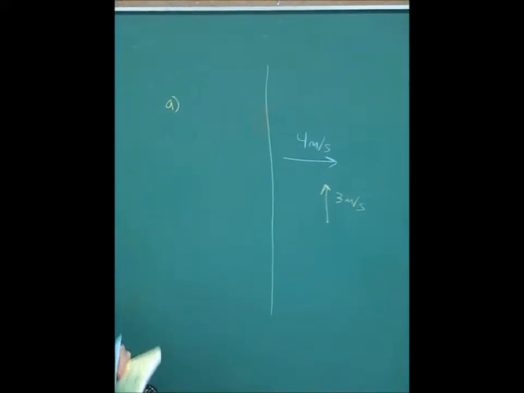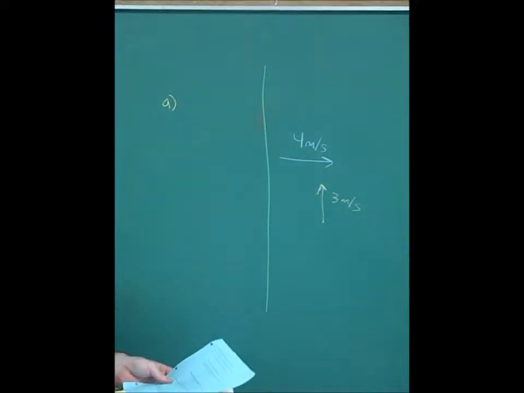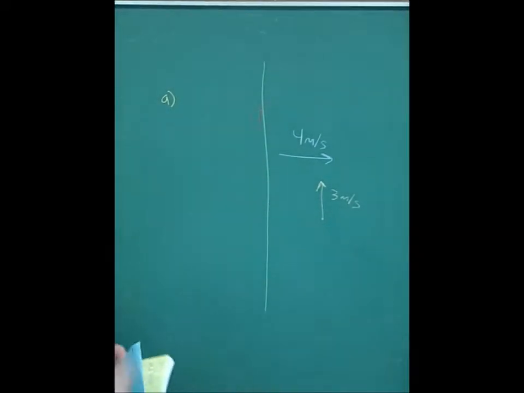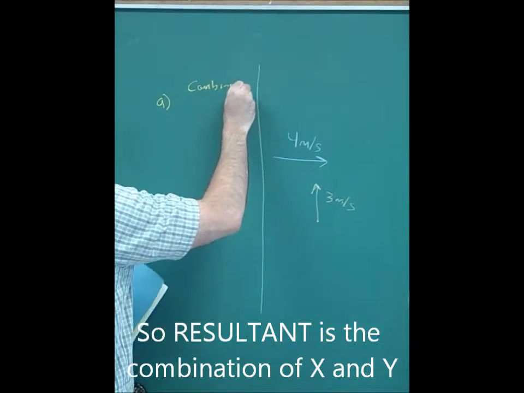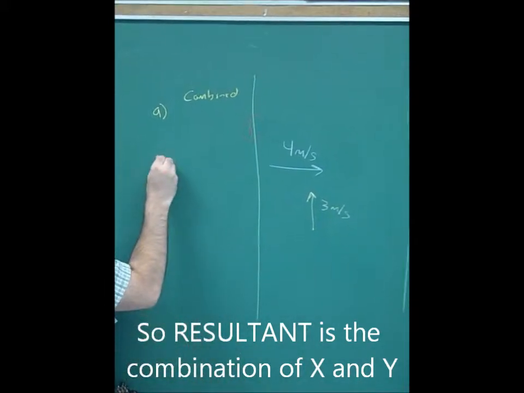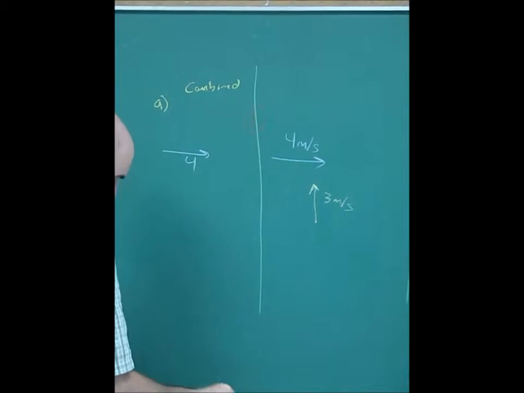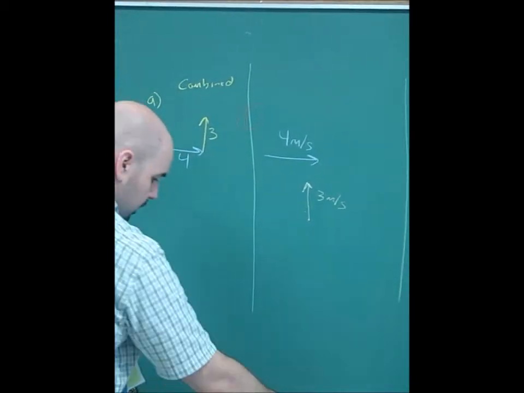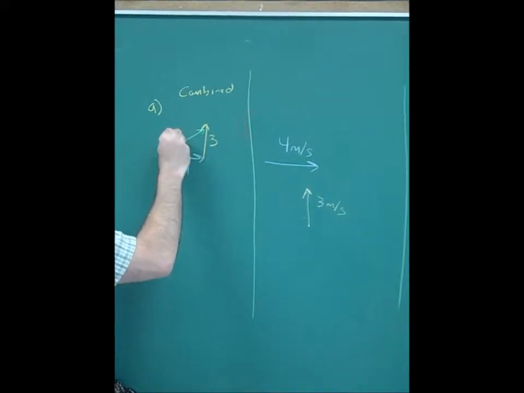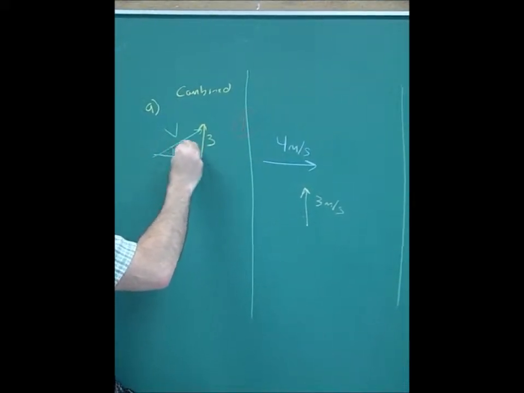So the resultant is that x, y are both combined. So the motorboat is going 4 in the x, and the current is going 3 in the y. And together they make this overall velocity at some angle.